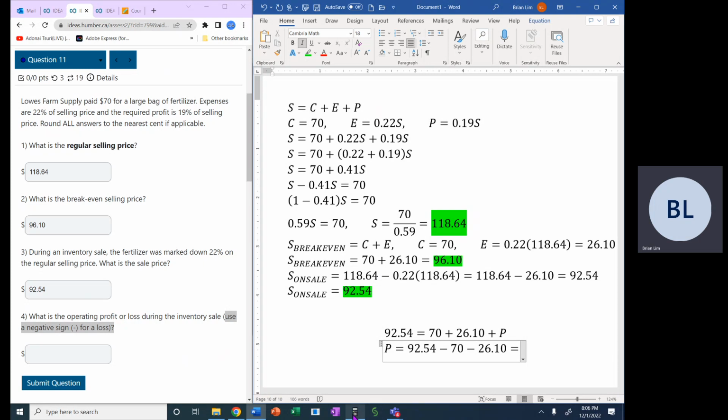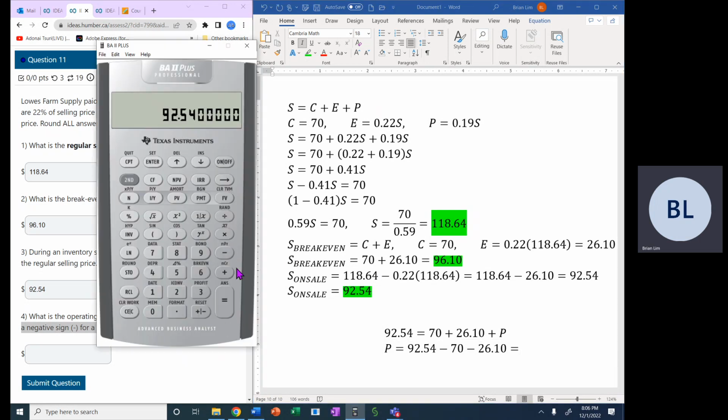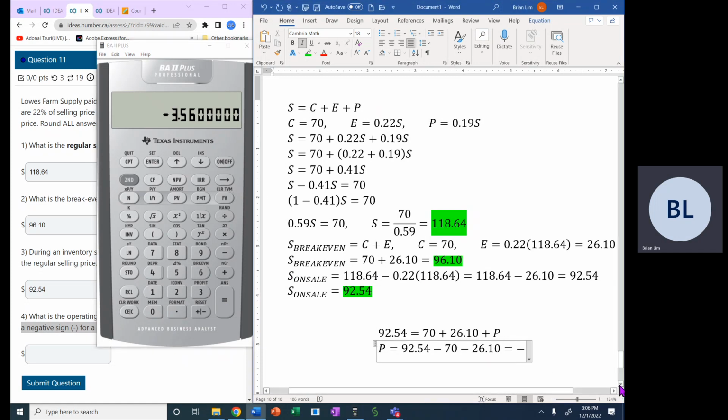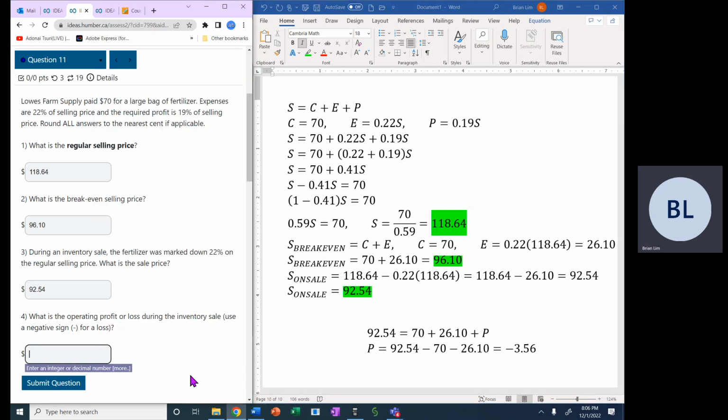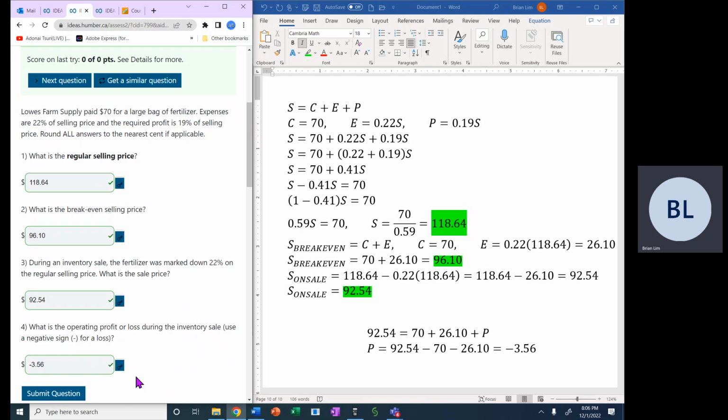So 92.54 is there already. We subtract 70, and then we subtract 26.10, and we get negative 3.56 as the answer. So the negative sign indicates that it is a loss of $3.56. Now with that we are finished. We will submit, and the answers are correct.